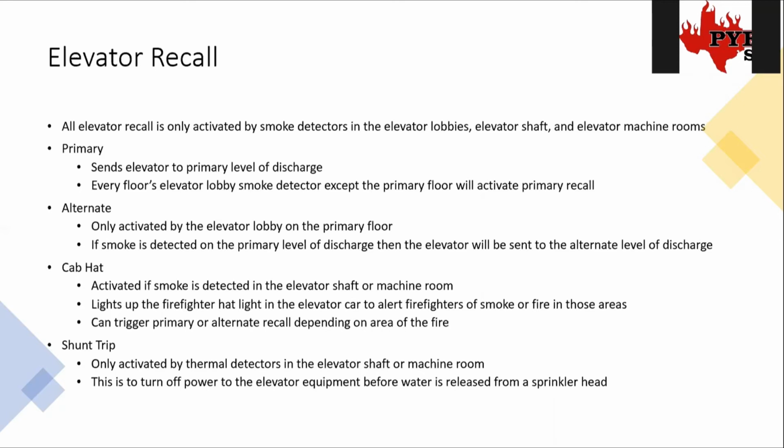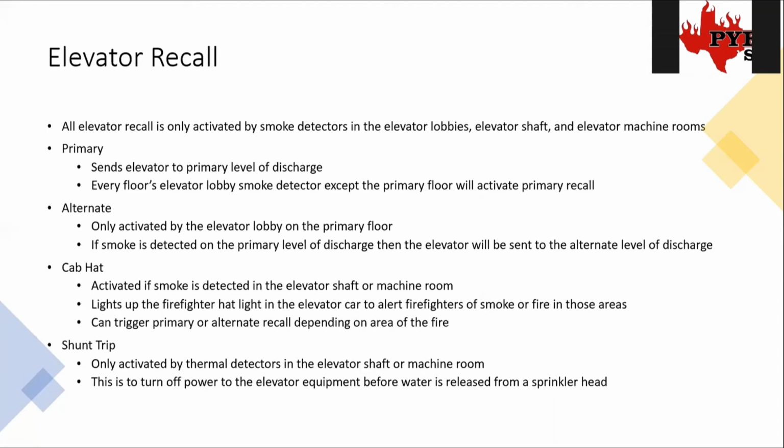So I'll start with each of the 4 outputs we do, starting with primary recall. Primary recall is going to send the elevator car to the primary level of discharge. Here in our super flat, no elevation at all world that we live in Houston, that's pretty much always the first floor. That's the main floor people come in and out of. That's your primary level of discharge.